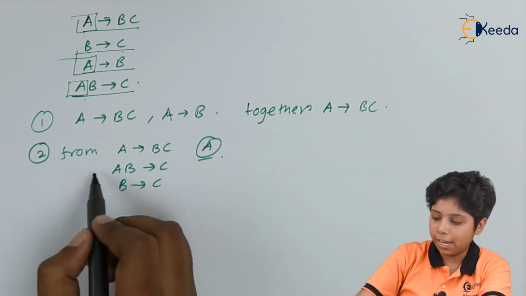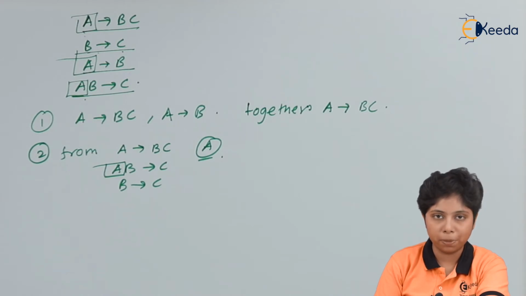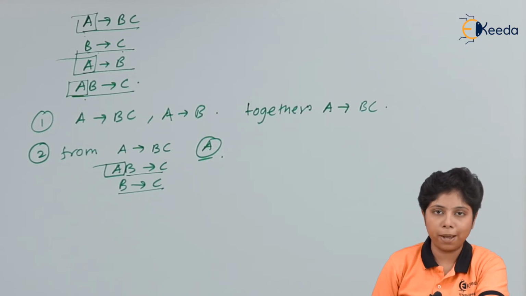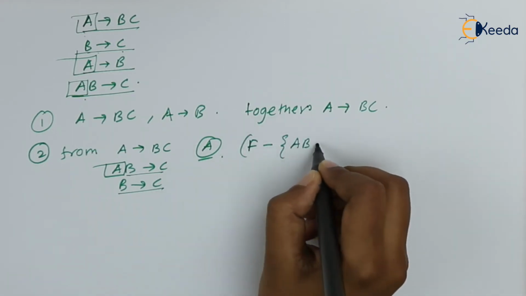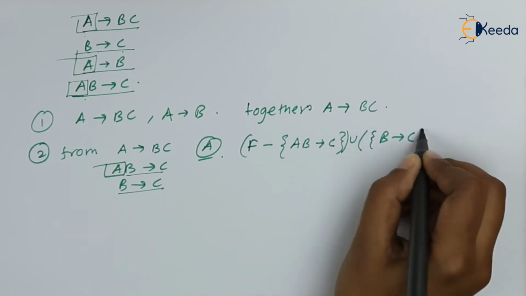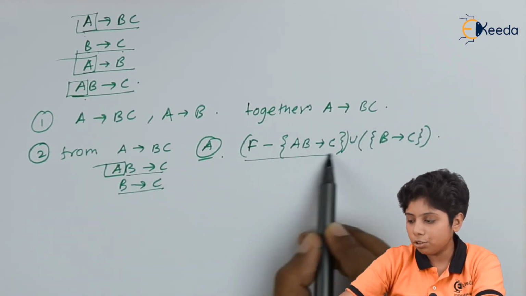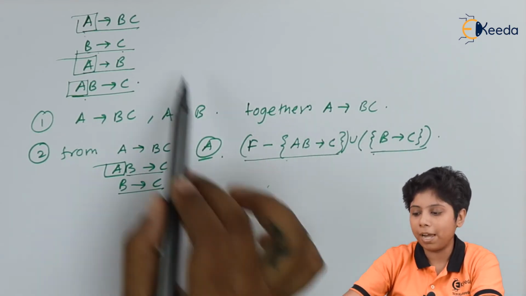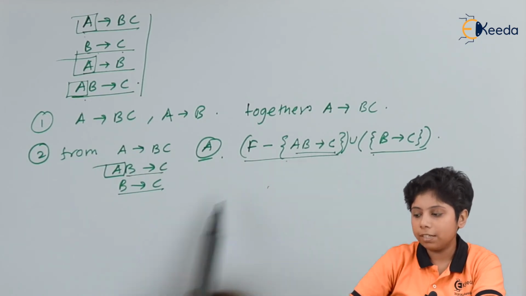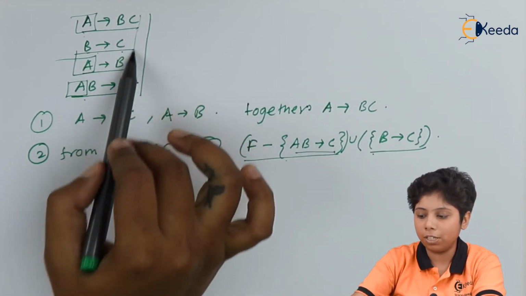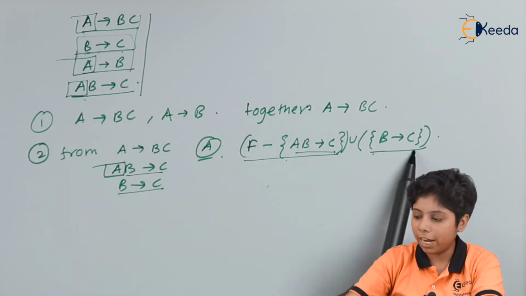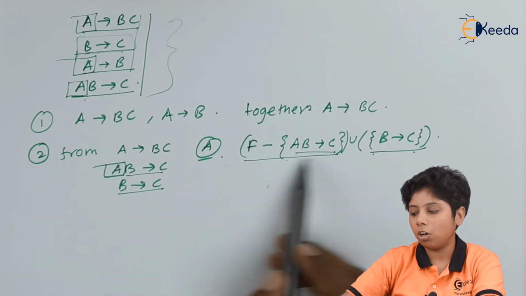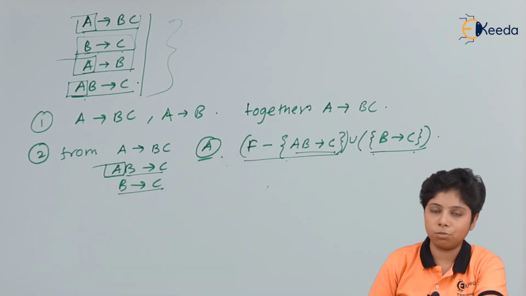So now we have A as the extraneous attribute as it is repeated and also as a part of the B defines C relation. So we can prove it by using this. This assertion is true because we do not have anything else, that is, it will logically imply all the F's, because AB defines C, then we are left with only this B defines C, which I am unioning, that means we are having all the relations in F. So this logically implies F and A is an extraneous attribute.